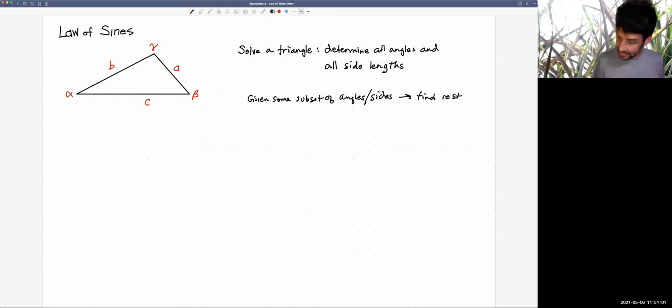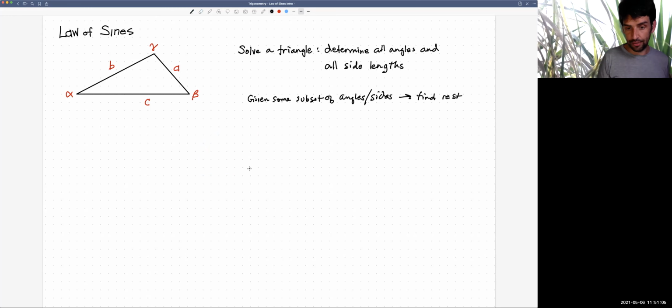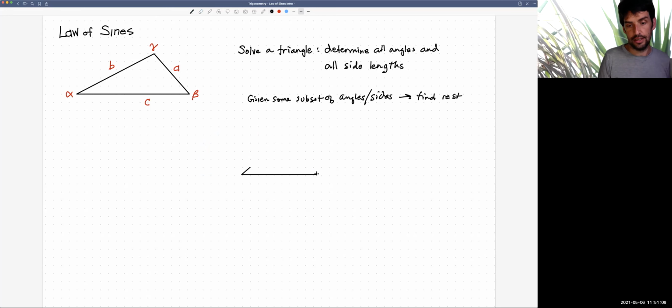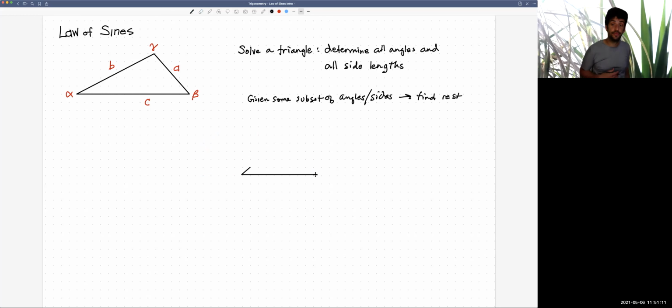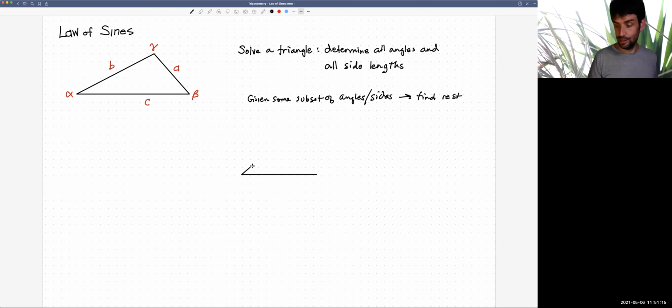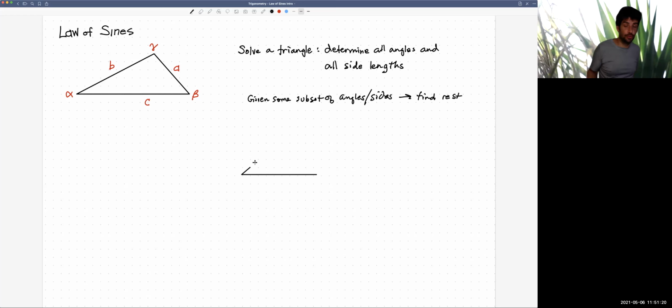What about if we had an angle and a side, right? So I often think about this, imagine something like this, okay? Like a piece of metal bent with an angle. And we want to add some metal to this. How many different triangles could we make out of this?